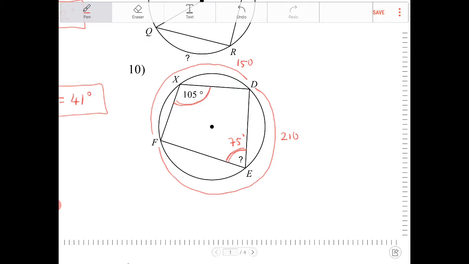As it turns out, the opposite angles inside of a quadrilateral that's inscribed in a circle are always going to be supplementary. So again, angle FED will equal 75.